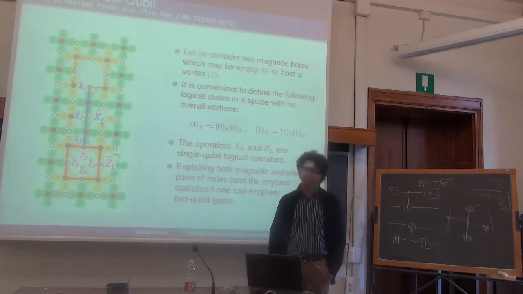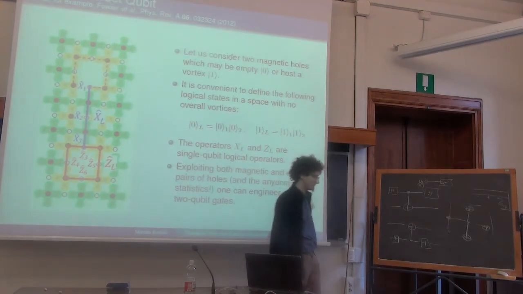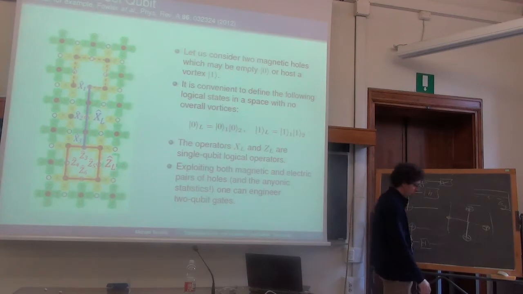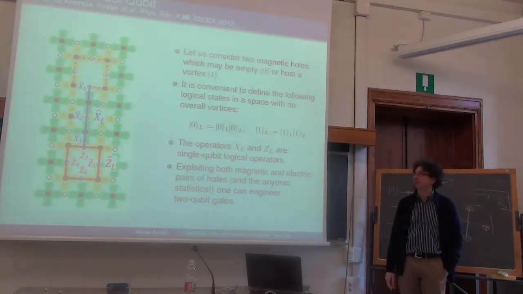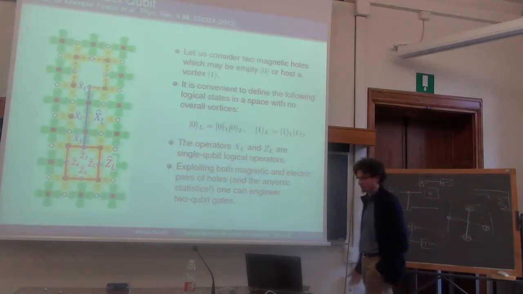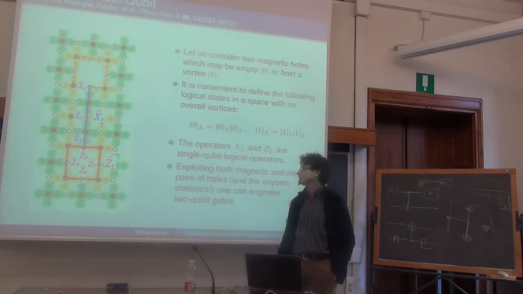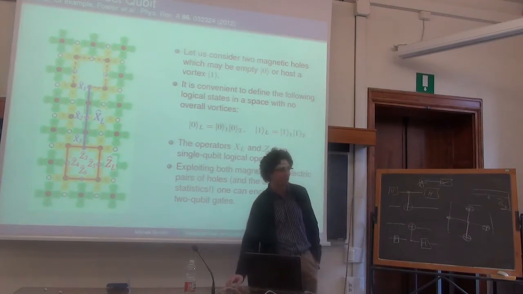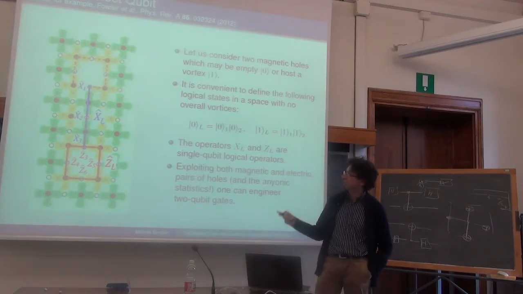So, in principle, one hole is enough to encode a qubit, but there are, let us say, software protocols for these quantum error correction systems that instead rely on encoding a logical qubit in a pair of holes.